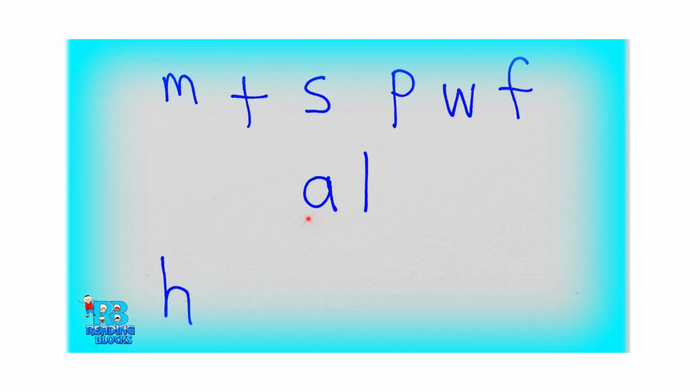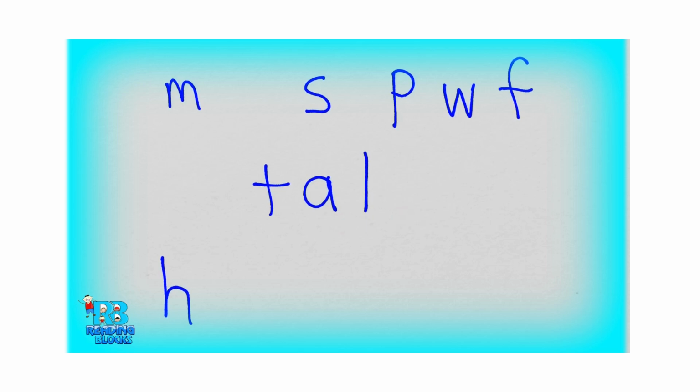We have a, l, al. Very good, al. And if we take our m sound, we have m, al, mal. And if we take our t sound, bring that down, now we have t, al, tal.